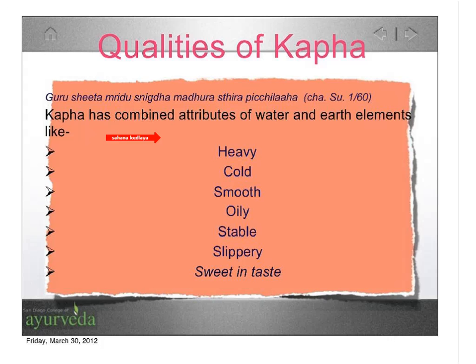If you just remember the qualities of water and earth and put them together, you will get the qualities of Kapha. Here, they say it is Guru or heavy. The heaviness of Kapha is by the earth element, and it manifests in the body in the form of bulk or weight of the body.